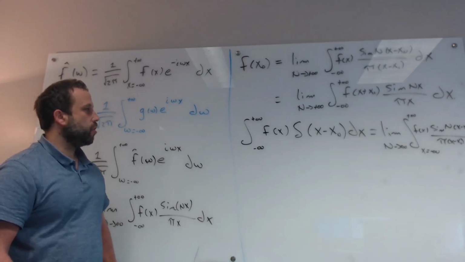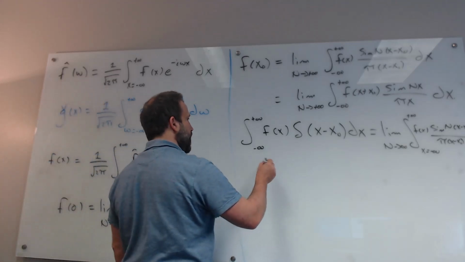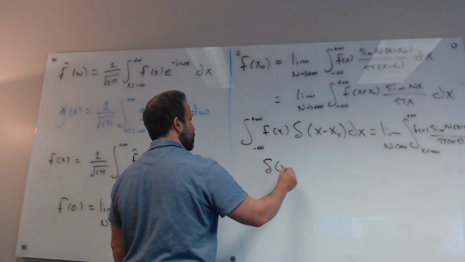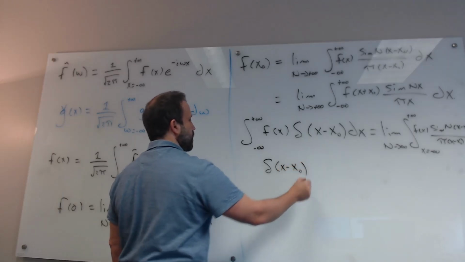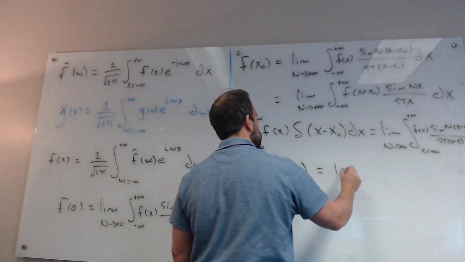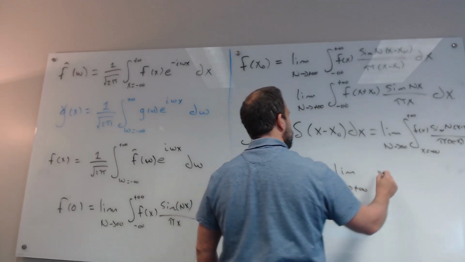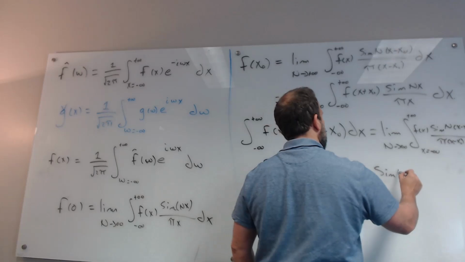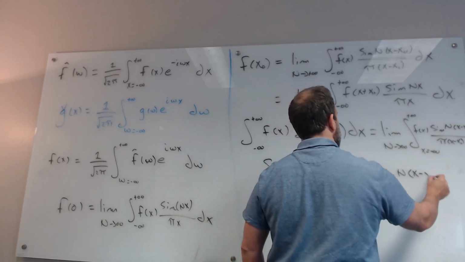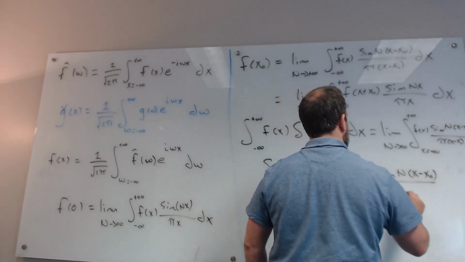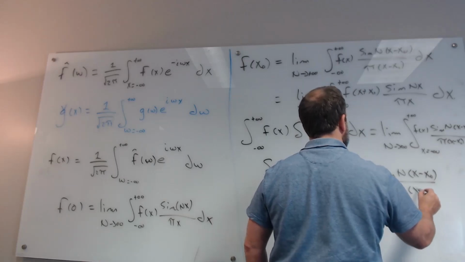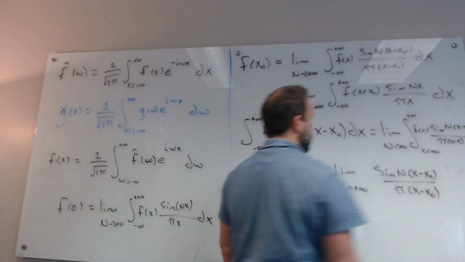Okay, so in a certain sense, we're saying that the delta of x minus x naught function is equal to the limit as n goes to infinity of sine of n times (x minus x naught) over pi times (x minus x naught).